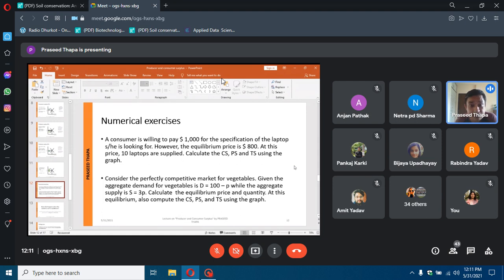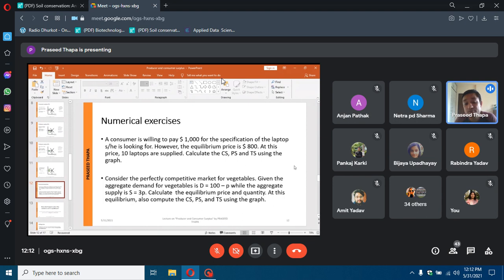You have to understand which one is the base: the side on which the triangle rests is the base. Half base into height means 1 by 2 multiplied by 75 multiplied by 25, which gives you the producer surplus.